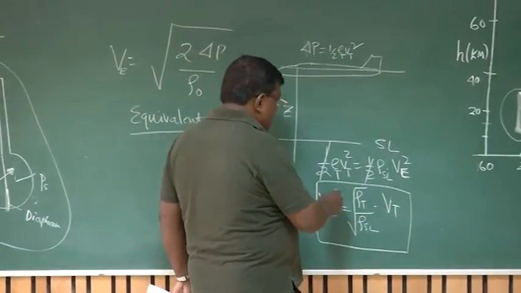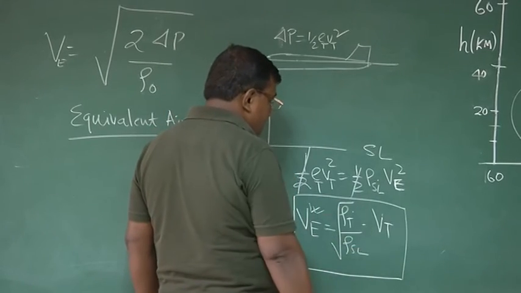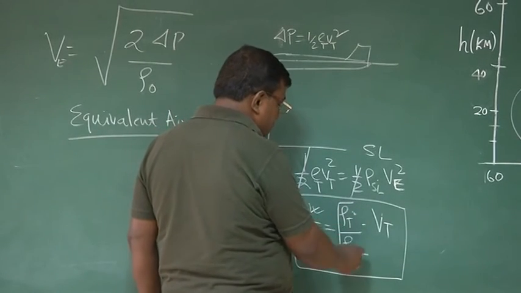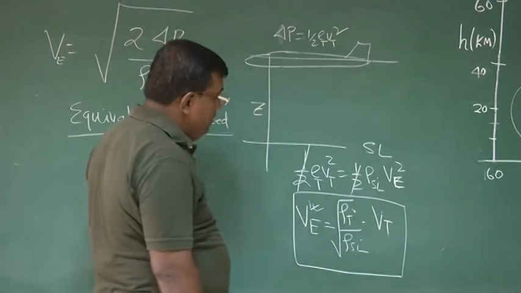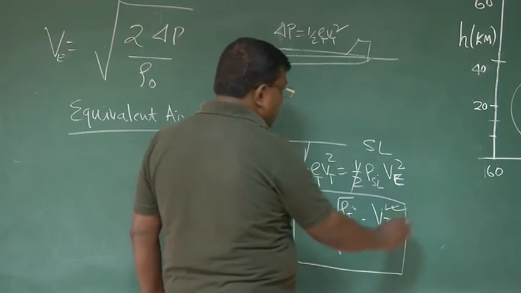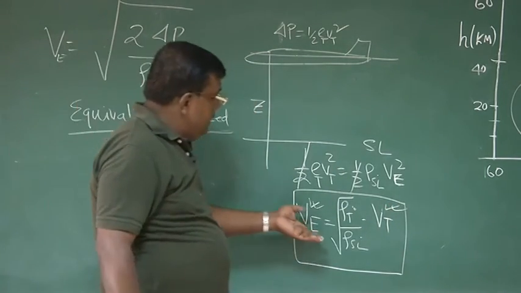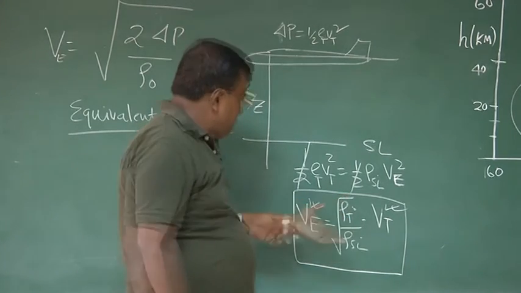However, it's not difficult. If I know V equivalent through the airspeed indicator, and if I know the true density at that altitude and the sea level density, then I can easily find out the true airspeed. Let us again see this relationship.